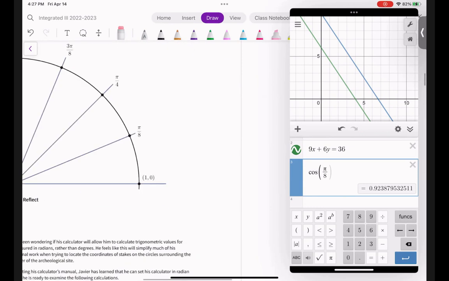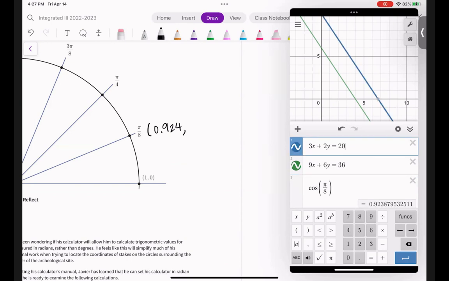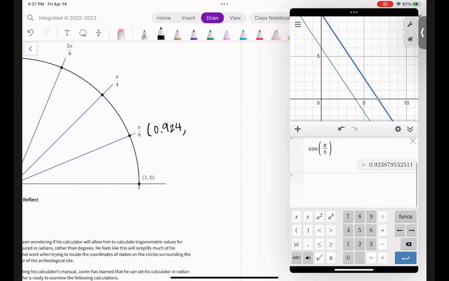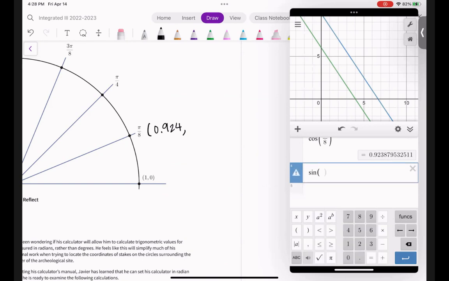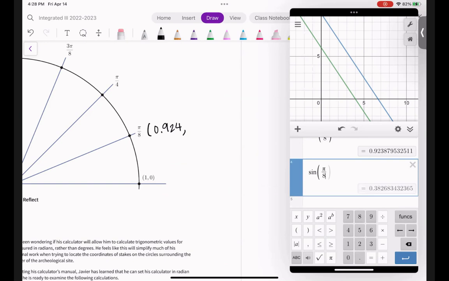So I am going to write this as 0.924, comma, and then I'm going to do the sine. Similarly, I'm going to do sine of pi over 8, and I get 0.382 or 0.383.